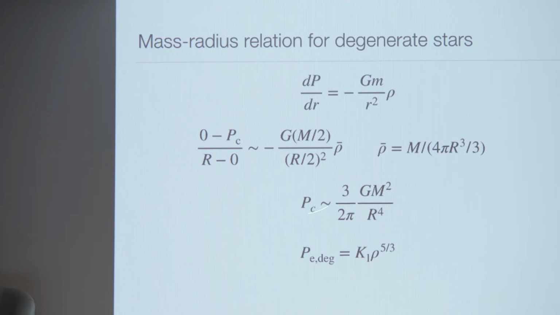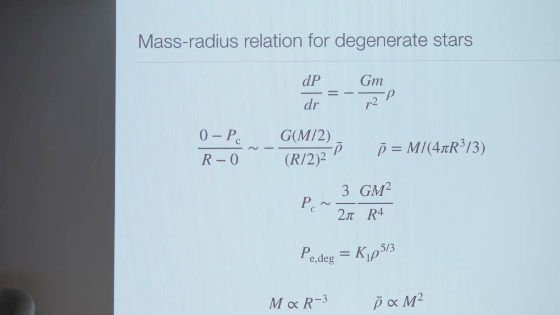Let's imagine the center of the star is governed by the degenerate pressure, so we can put this in here, and again use the mean density to get the idea.